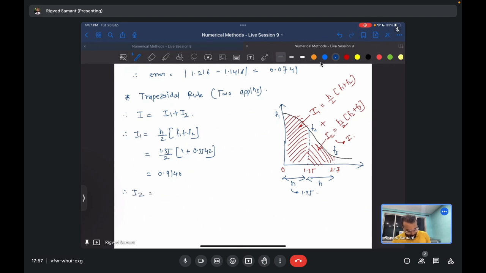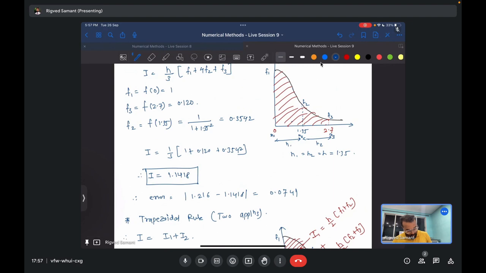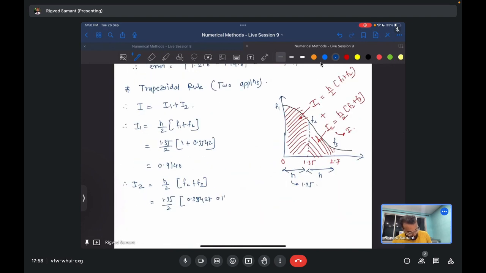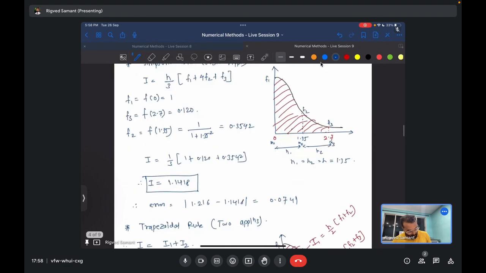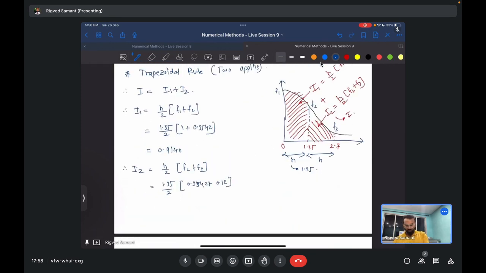I2 is h by 2, f2 plus f3. So 1.35 divided by 2, 0.3542 plus, what is the f at 2.7? 0.12, right? 0.12. This is 0.3200, and if you add them up, you will get the final value.